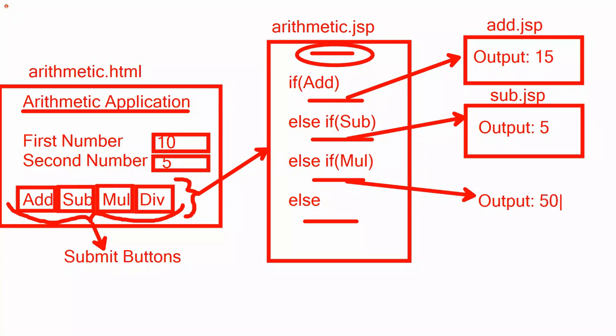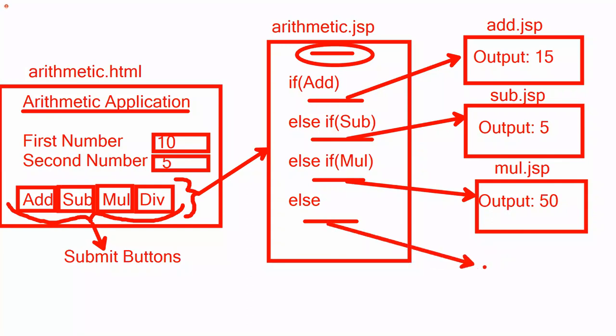Multiplication: 10 into 5, 50, separate programs, multiplication.jsp. Division: 10 by 5, 2, division.jsp.